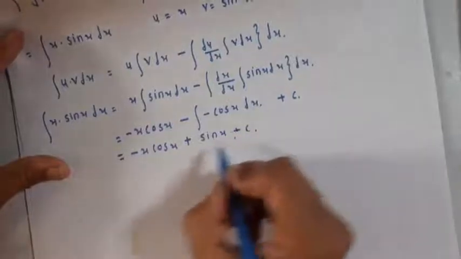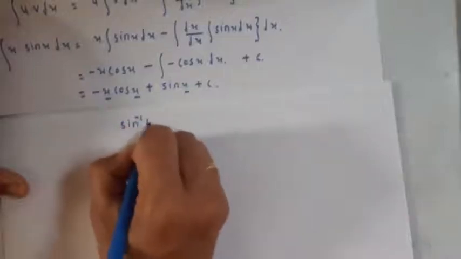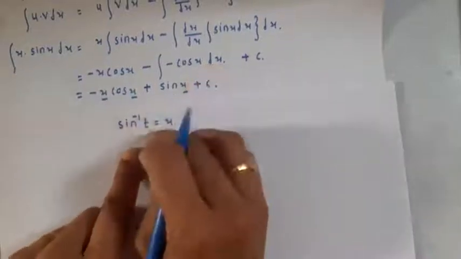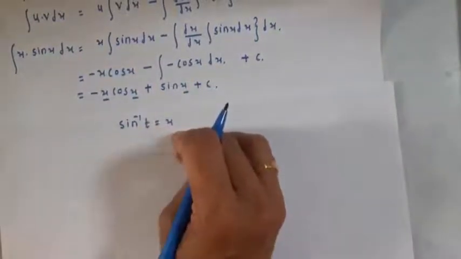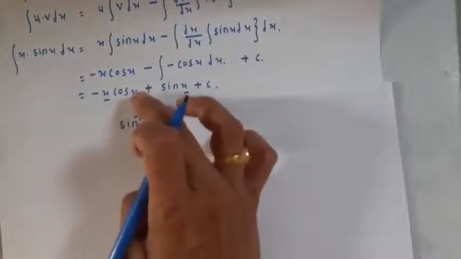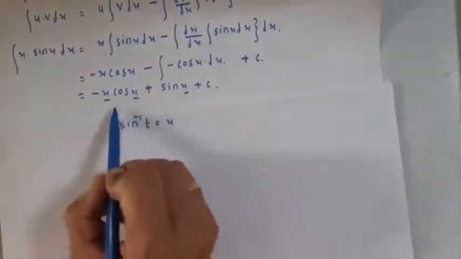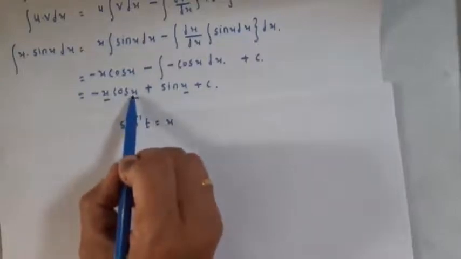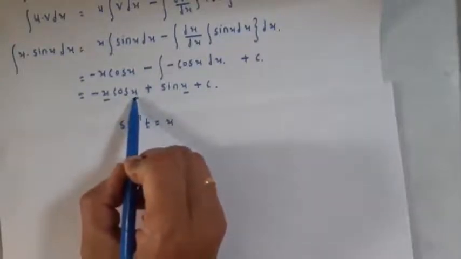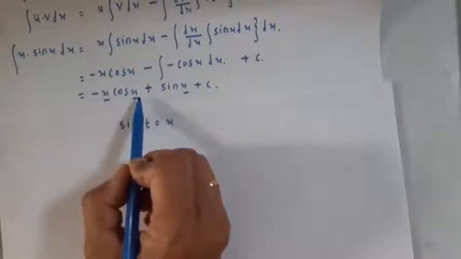But resubstitute the value of x. Okay students, here we put sin inverse of t equal to x. That's why here we have to put the value of x, so this is sin inverse of t. But for cos of x, we have to put the value of x.